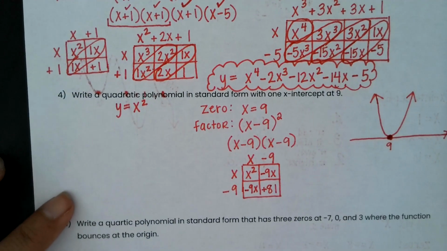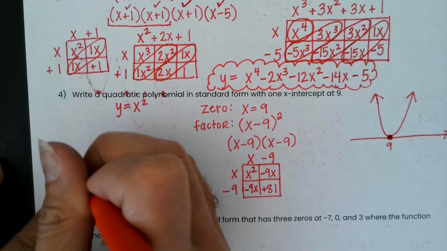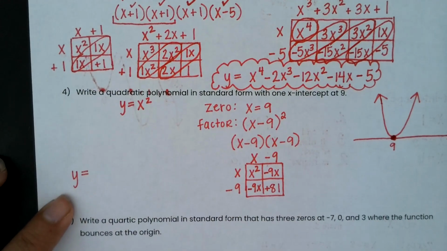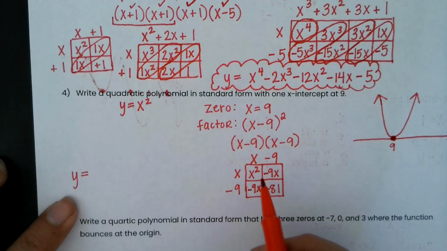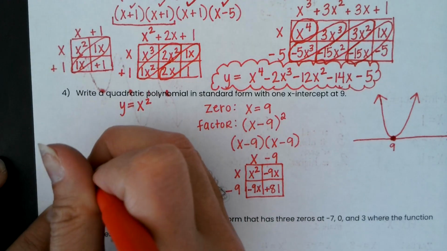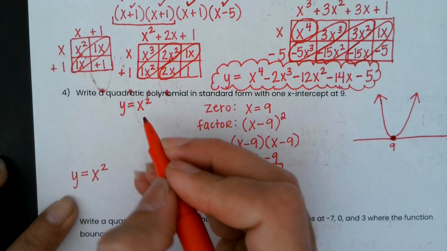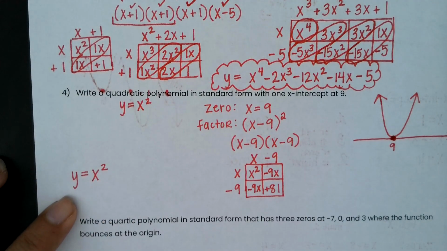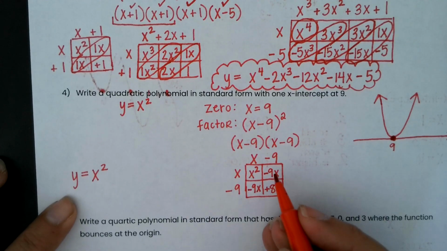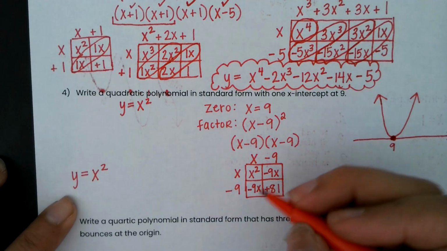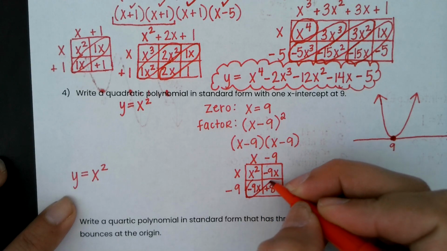All right, so our final equation, I'm going to throw a y equals in front of the whole equation. X squared at the front, as we knew it should be. It should start with y equals x squared. All right, we are going to put the negative 9x and another negative 9x together.